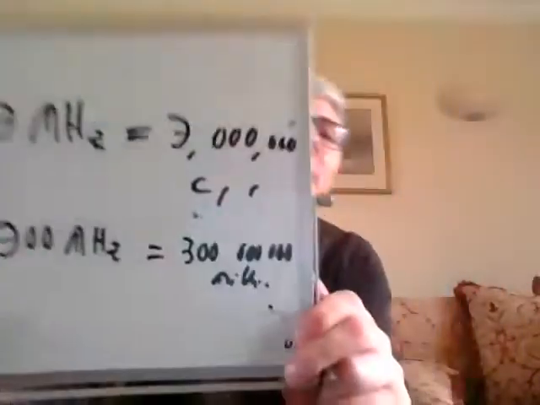And I've got 300 megahertz here, and that's 300 million cycles per second. So 300 megahertz is 300 million cycles per second, and 3 megahertz is 3 million cycles per second.